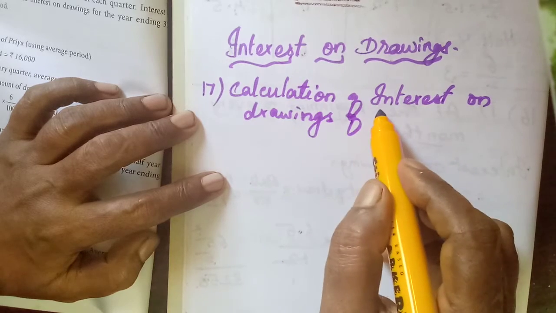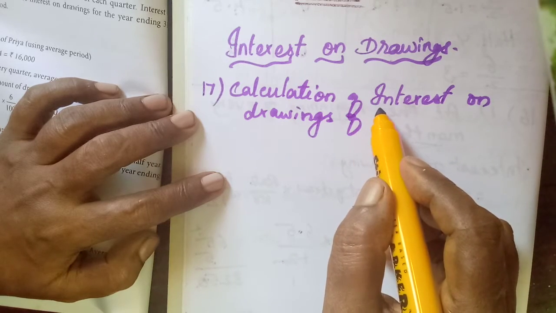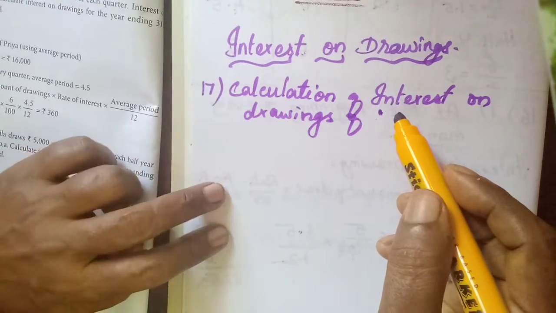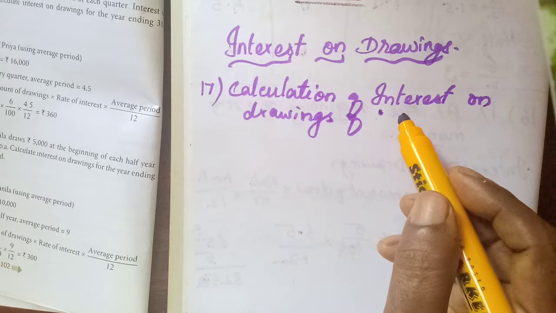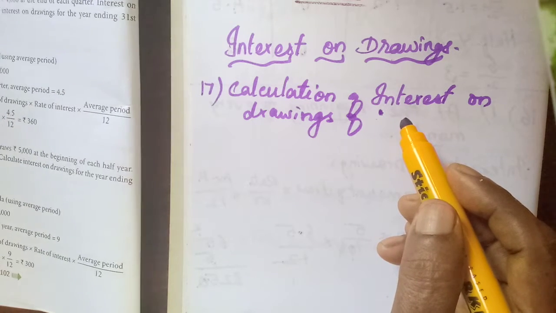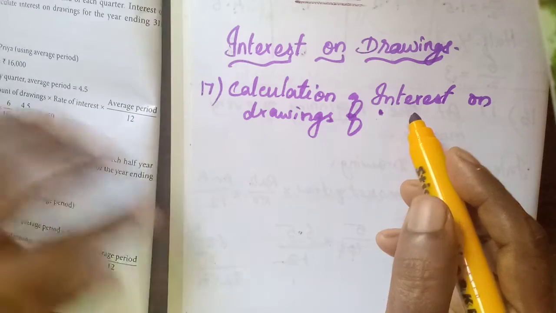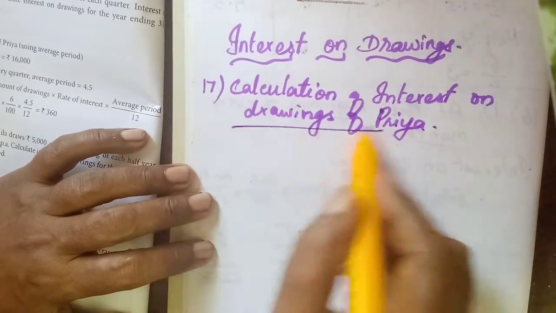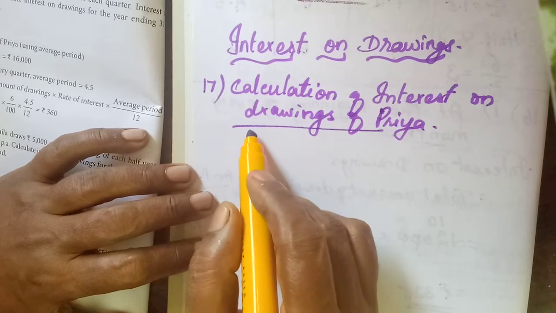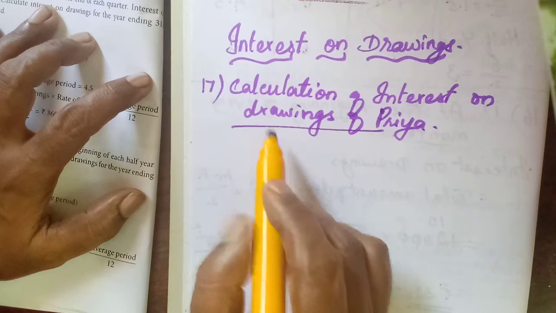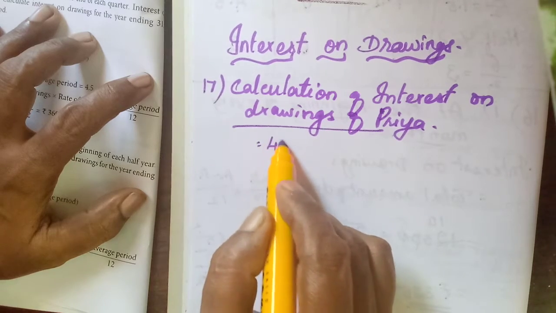Drawings of Priya, isn't it? First, at the end of each quarter, he is withdrawing 4,000.